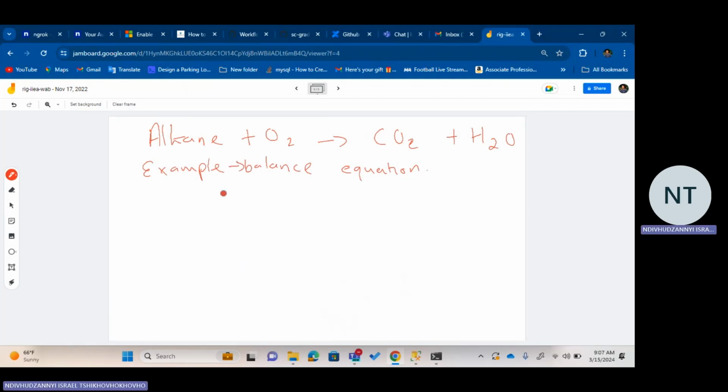So we're balancing the equation of an alkane that I'll write here. Let's say we're using butane plus O2 to form CO2 plus H2O. The molecular formula of this one is going to be 4 carbons, 4 times 2 plus 2 is 10, so C4H10, plus O2 to form CO2 and H2O.